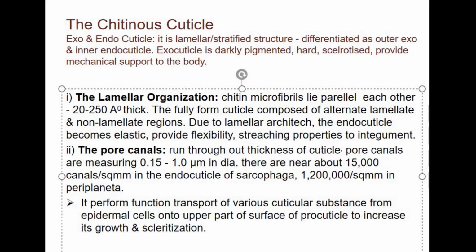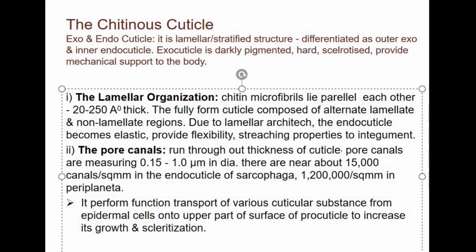Now the next layer, the pore canals. Pore canals run throughout the thickness of the cuticle in a perpendicular direction after traversing the chitin microfibrils. They are very fine structures measuring about 0.15 to 1.0 micron in diameter, and they contain the fine cytoplasmic processes of the epidermal cells.